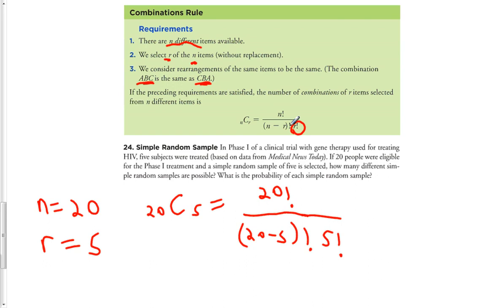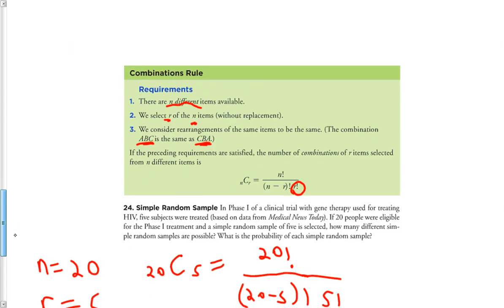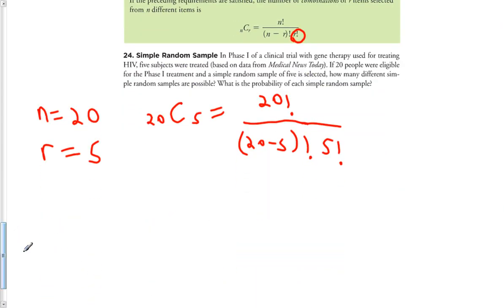This is almost the permutation formula. If you take into consideration everything except what I have circled there in red, it's pretty much the same as the permutation formula, but we add this extra factor of r factorial in the denominator. So if we took away this 5 factorial, this would in fact be the permutation, the number of ways of permuting 20 things chosen 5 at a time.